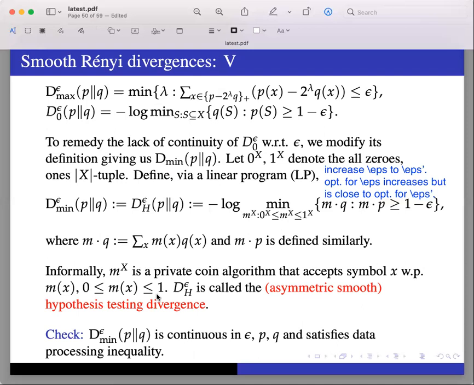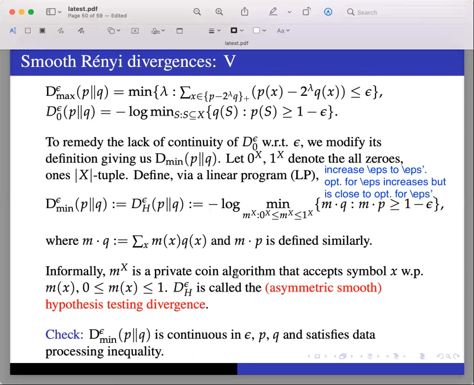When the error was epsilon, m of x naught was 0. But when the error increased to epsilon prime, m of x naught will be slightly above 0. It will not jump all the way. So that's another way to reconcile with D0 epsilon being discontinuous.